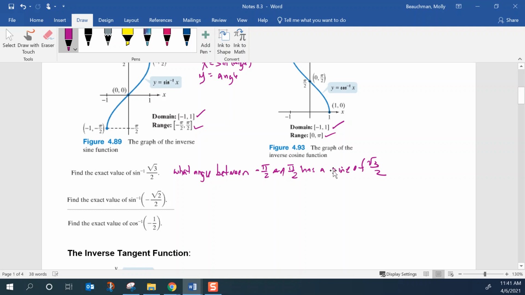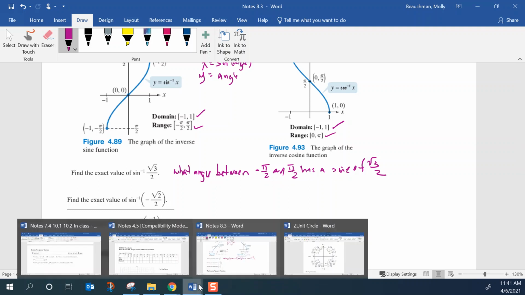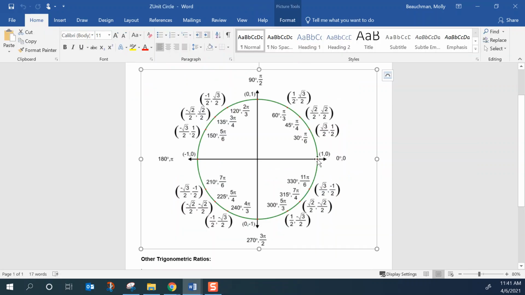So we take a look at our unit circle, and we can only use values between negative pi over 2 and pi over 2. Pi over 2 rotating positive, and pi over 2 rotating negative, which has a coterminal angle of 3 pi over 2. So on just the right-hand half, what has a sine of square root of 3 over 2?